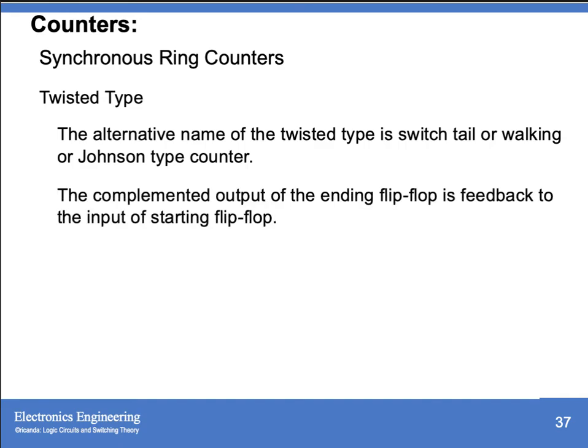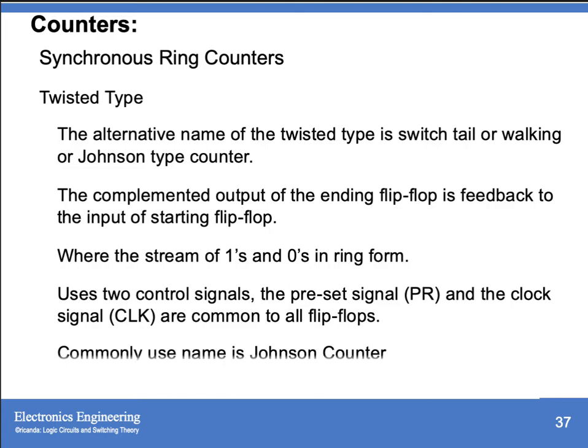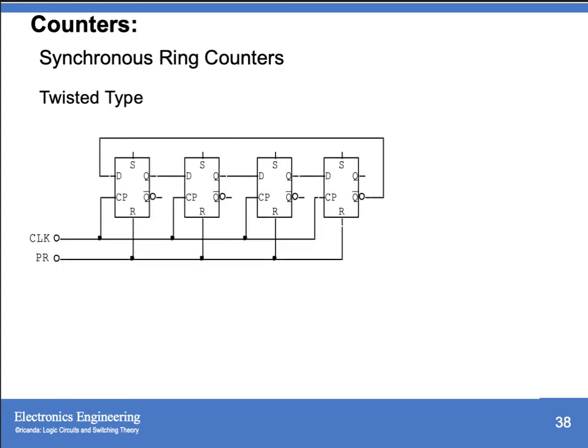So we have either 1 or 0 in your ring form. This time also they are using two control signals, the preset, which is PR, and the clock. So for the twisted type, this is your circuit.